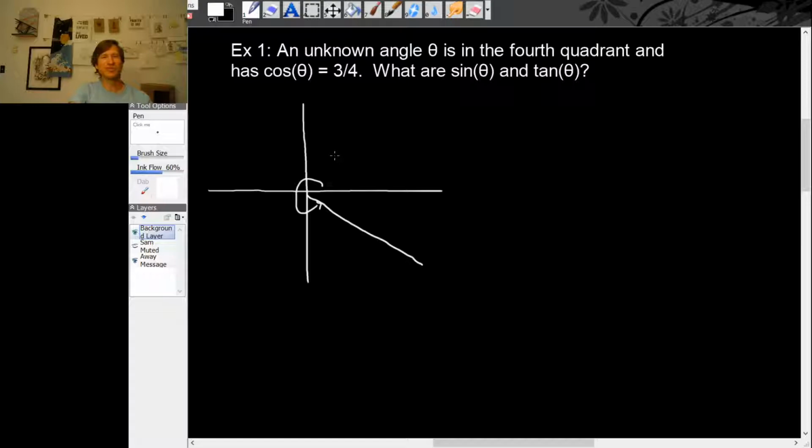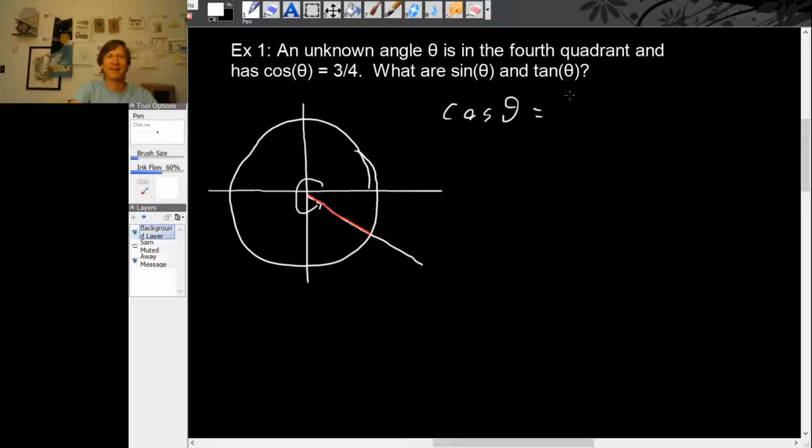Well, to use this circle way of thinking about trig functions, we need a circle. So let's draw one. Now, as far as the trig functions are concerned, it doesn't matter what the radius of the circle is. So just to have a concrete radius here, well, since cosine theta is 3 over 4, and cosine is x over r, it seems like it might be nice if we chose a circle whose radius is 4.